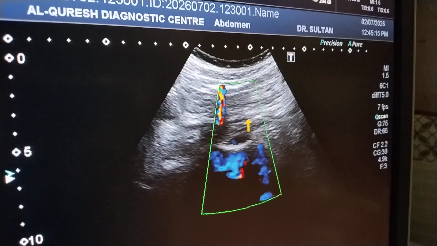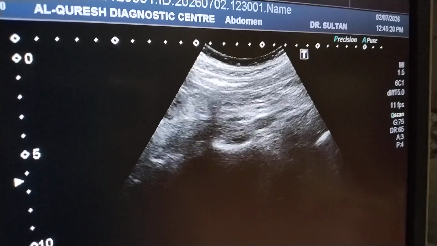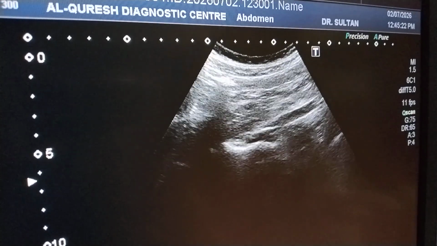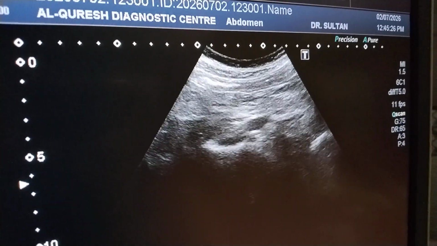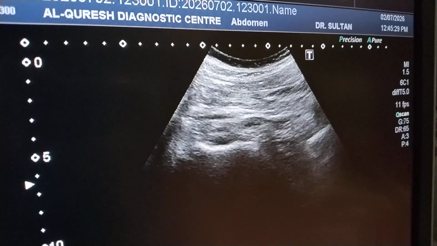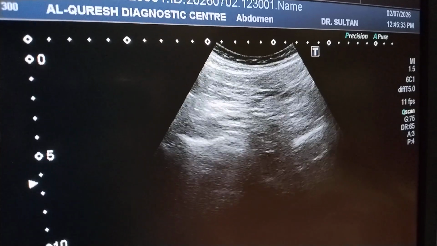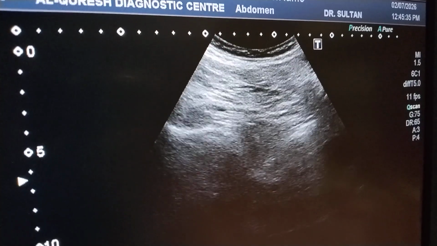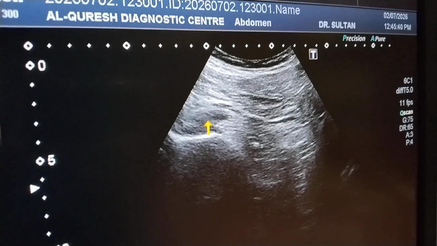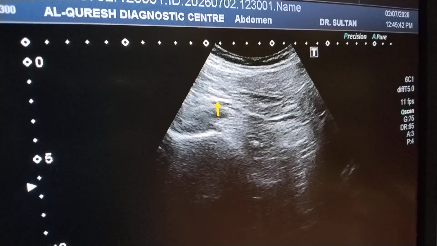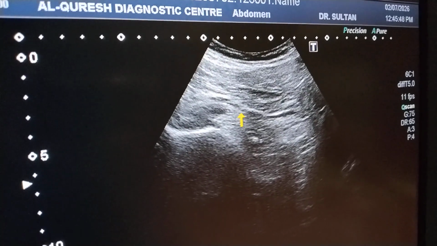When you have found the ureter, then drag it downward while keeping the ureter in focus on the screen, up to the pelvic plane or the crossing point of the iliac vessels. Here we can appreciate these are the vessels and this is the ureter which is crossing the iliac vessels.